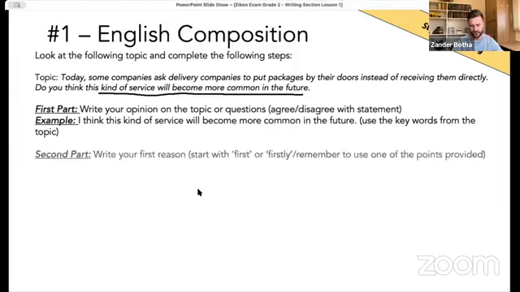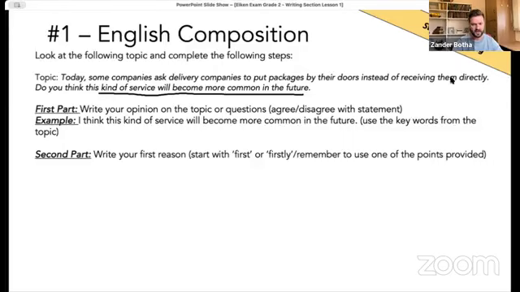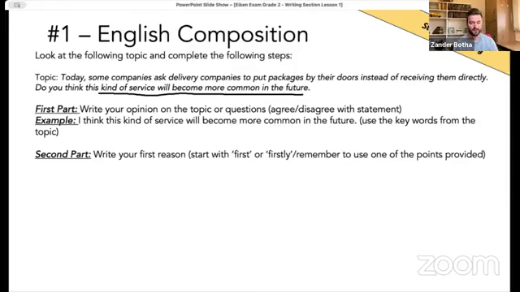The second part of your English composition is where you write your first reason. Remember that we said you have to give 2 reasons for your opinion. The second part is where you give your first reason. So you write your first reason.